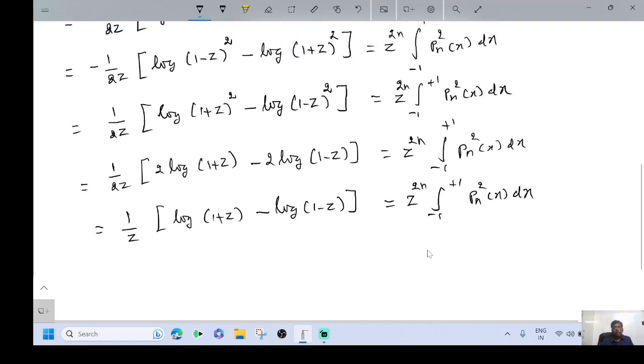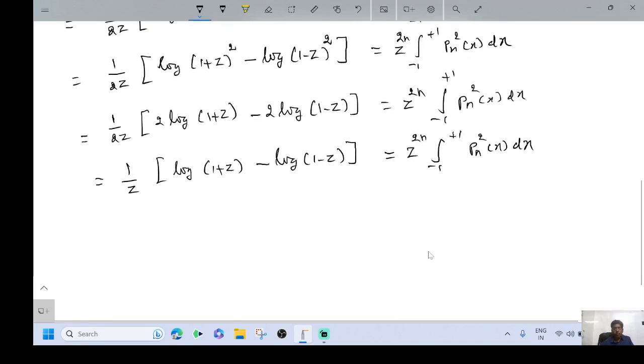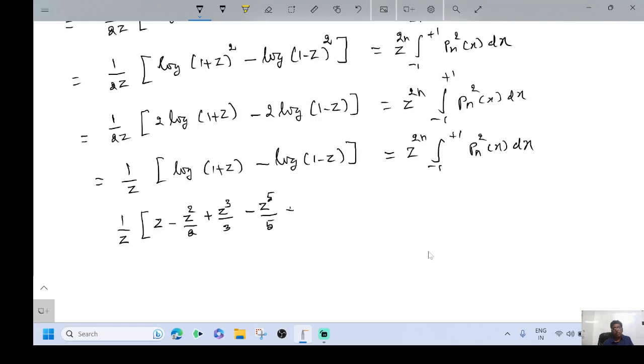Now we may write 1 by z times z minus z square by 2 plus z cube by 3 minus z power 5 by 5, and the series is going on.